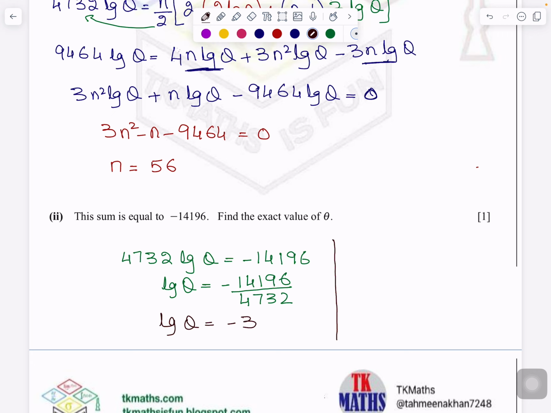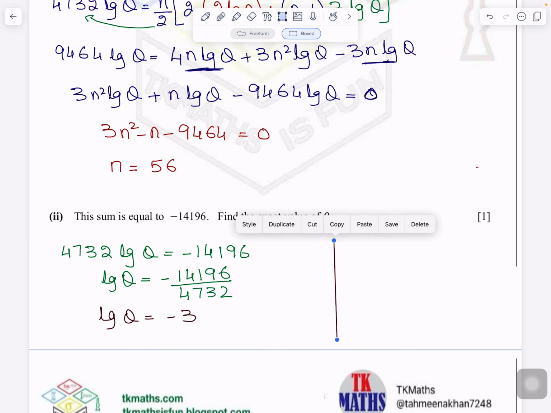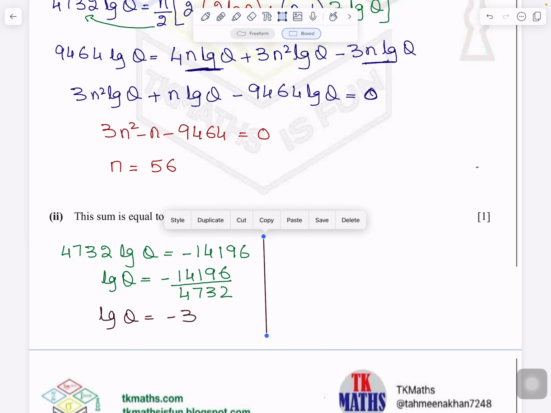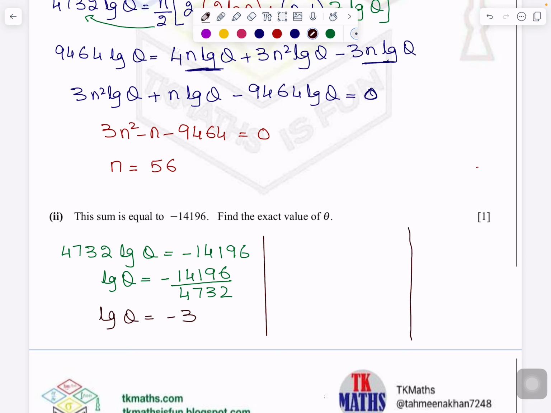Now this is a log form. Do you know how to change log form into index form? Because for this you should have a very strong concept of log. So just to help you recall, if you don't remember, log form, which is, suppose lg, when it is written only lg, it means base 10, right?